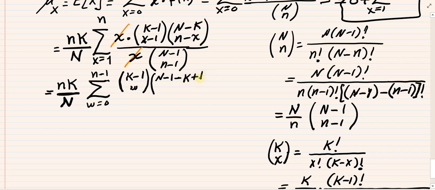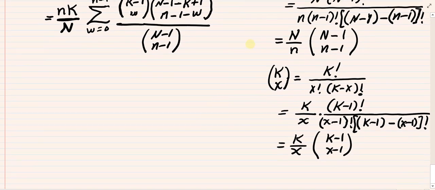So I added and subtracted 1 there. And instead of n minus x now, because remember x minus 1 is w, that's going to be n minus 1 minus w, right? And then divided by the denominator, which is cap N minus 1, little n minus 1.